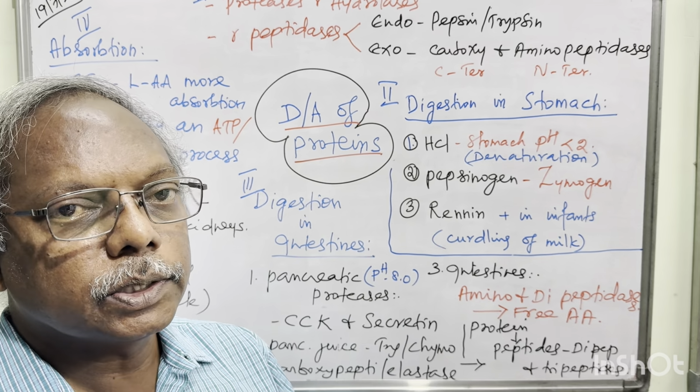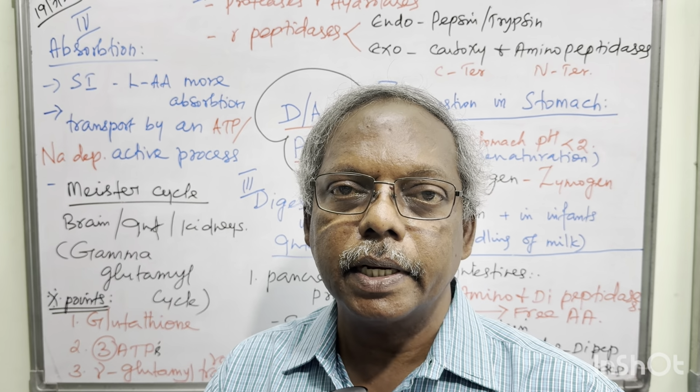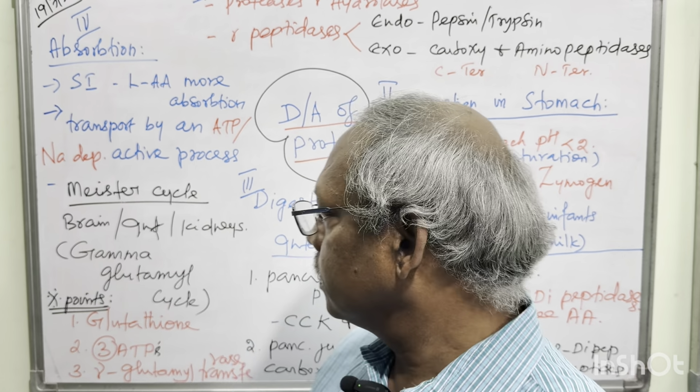Any one question will be there in your university examination, either Meister cycle or gamma glutamyl cycle. This cycle is very specific for only three organs: brain, intestine and kidneys. For this Meister cycle, these are the important points.